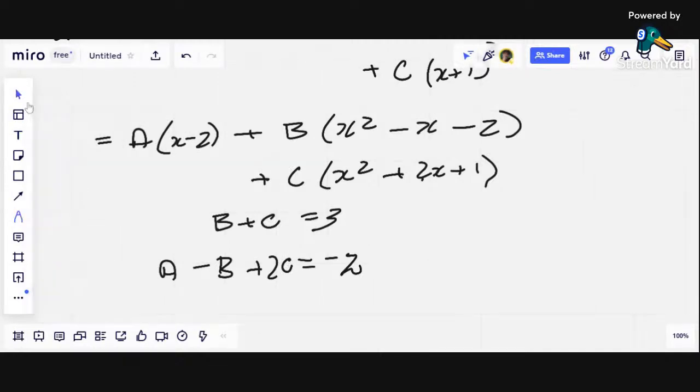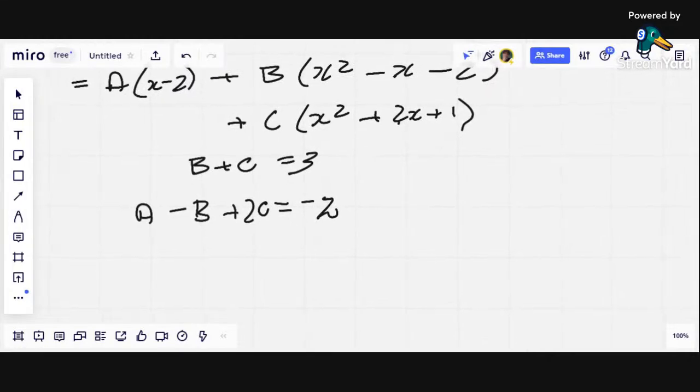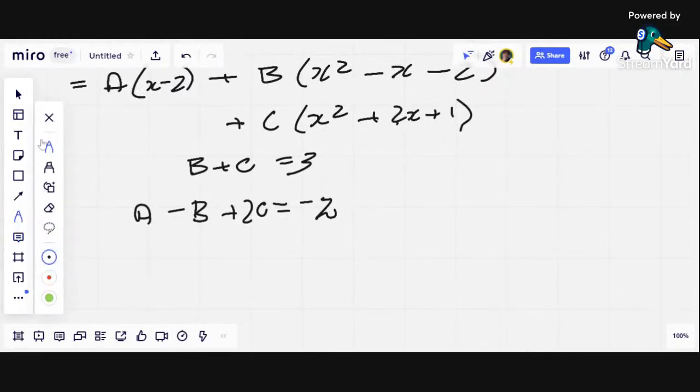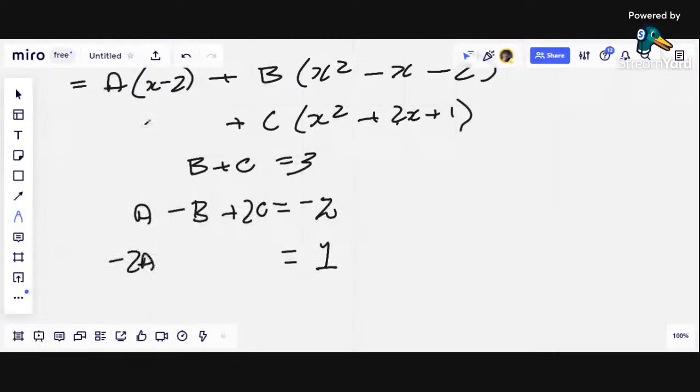Okay, and then finally, we need our constant term, which is going to involve everybody. So let's see, the constant is going to end up being 1, right? So we've got minus 2a minus b.